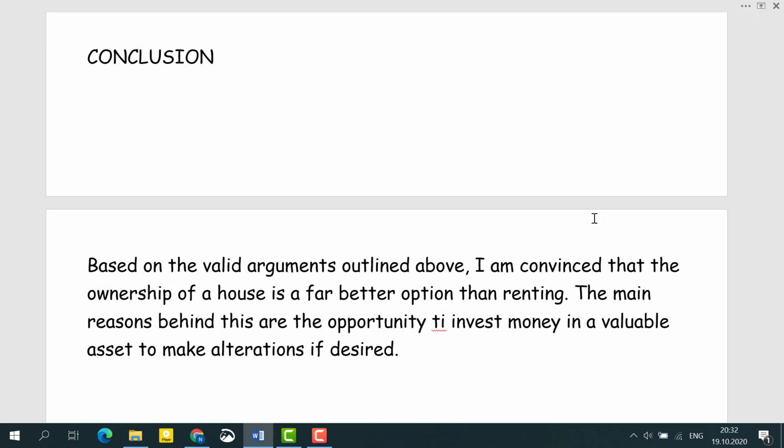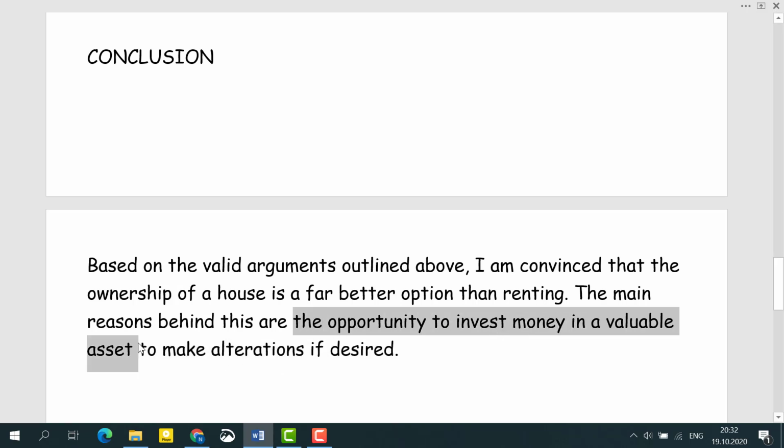So the main reasons behind this, in this case, behind this means for this, are the opportunity to invest money in a valuable asset.